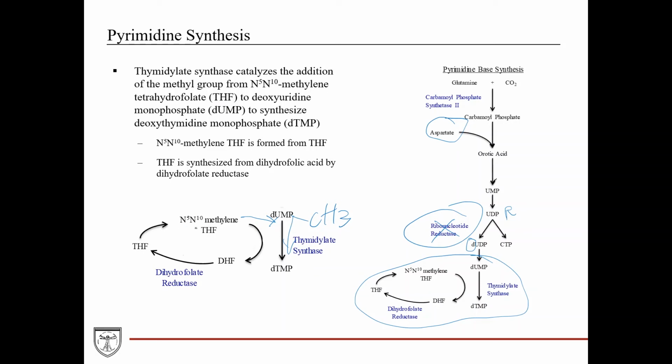Now, N5, N10 methylene tetrahydrofolate, this is formed from THF, or tetrahydrofolate, which is then formed from dihydrofolic acid, or DHF, by dihydrofolate reductase. And so folate metabolism is intricately connected to pyrimidine synthesis and then hence DNA synthesis. And we'll talk much more in detail about folate and its function and metabolism in the nutrition lectures.